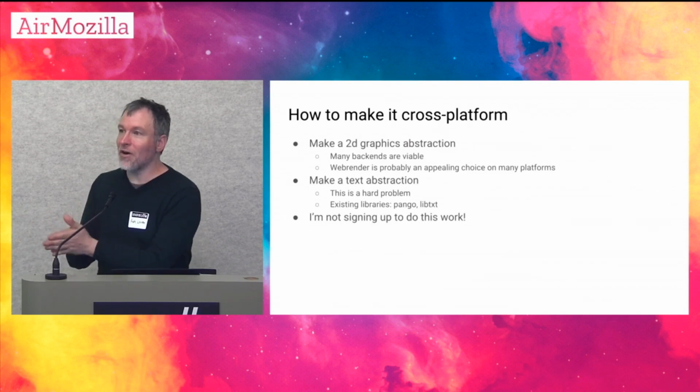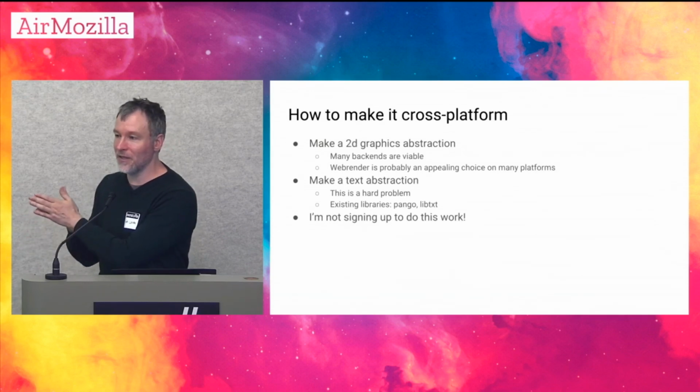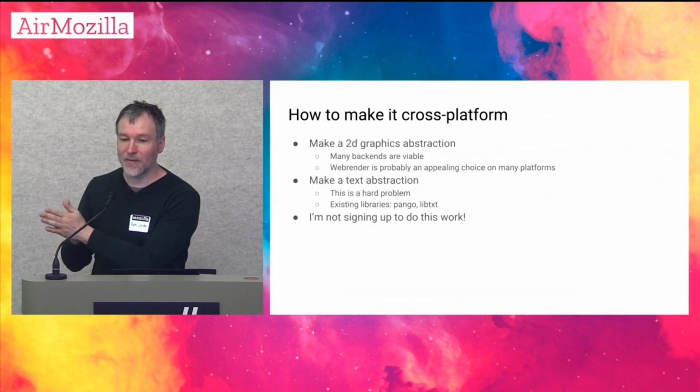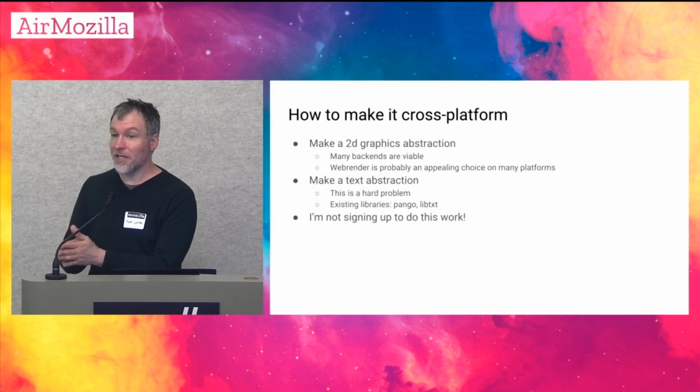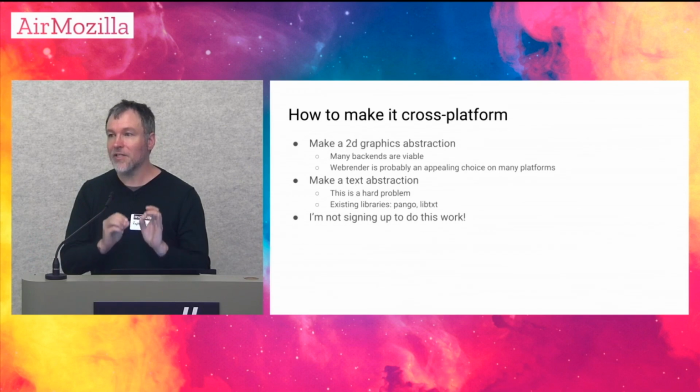If you are on Windows, then I think you really want to be using the Windows native drawing APIs, because those are good. On a different platform, Skia might be a really good choice. And so that's really why I'm specifically saying I want this to be an abstraction that gives you those choices.